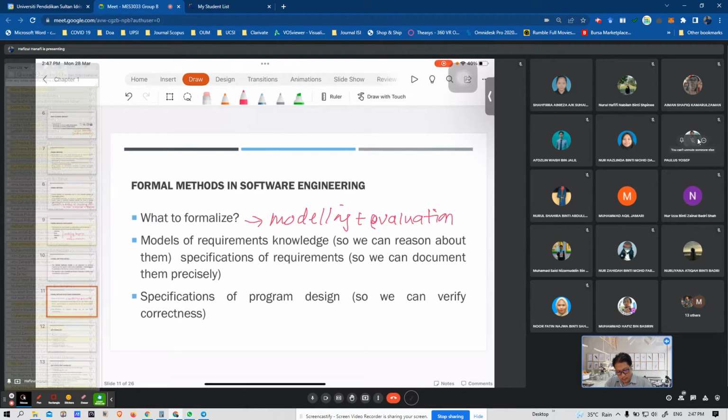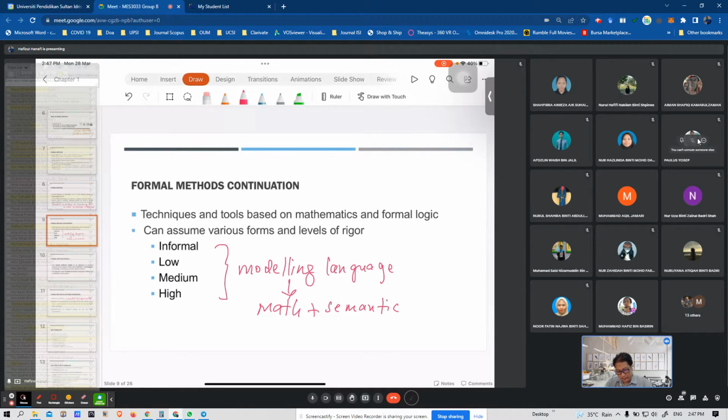Okay, so we can model each step, which I have explained. We have four stages: informal, low, medium, and high.